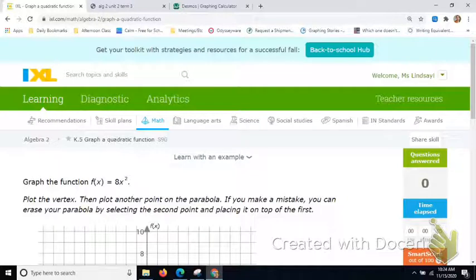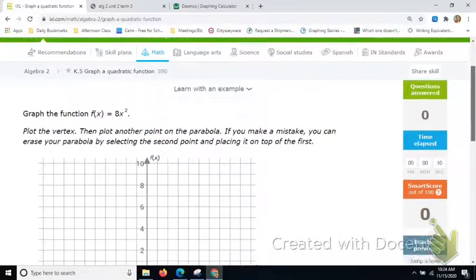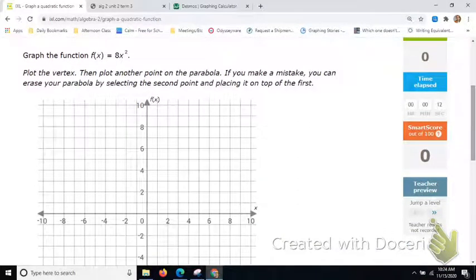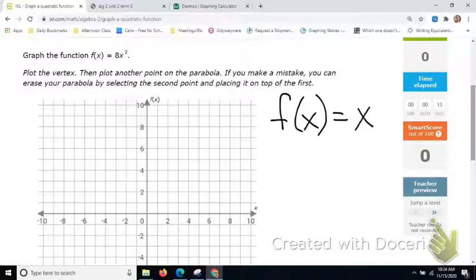All right, so this is K5, and I first want to point out that if we have a function f of x is equal to x squared, that's like the most basic parabola.